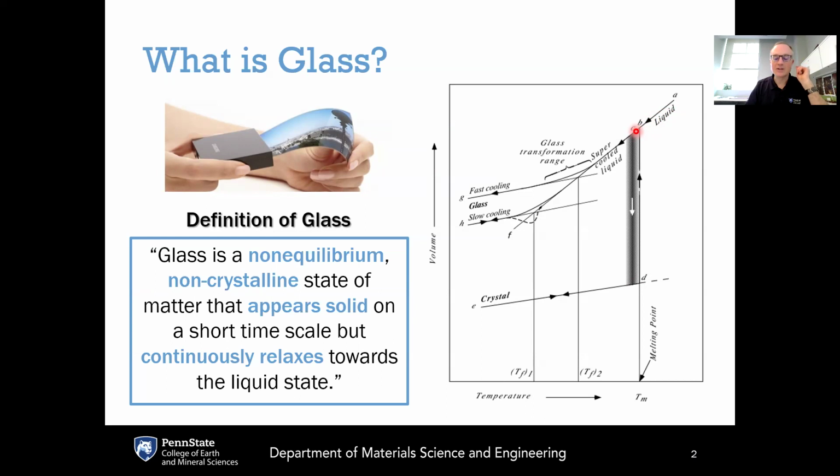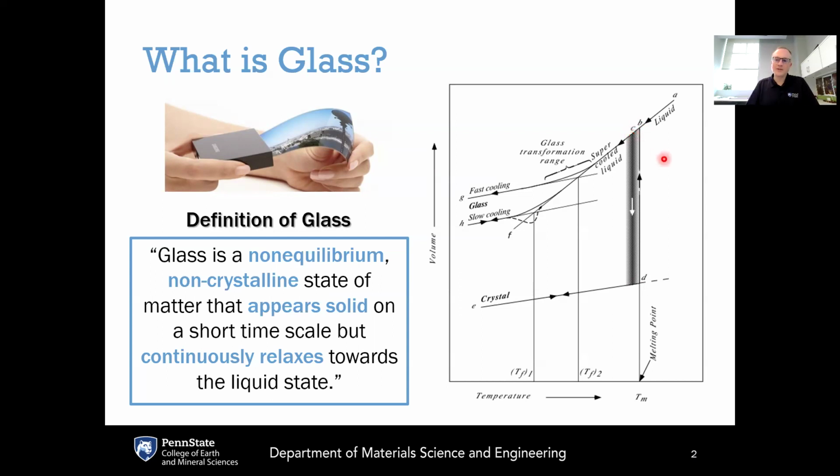The reason is that at the melting temperature itself, the Gibbs free energy of the liquid is the same as the Gibbs free energy of the crystal. So there's no thermodynamic driving force for the liquid to crystallize. It's not until you cool the liquid slightly below that melting temperature that the Gibbs free energy of the crystal becomes less than that of the liquid, and that's when the crystallization would happen.